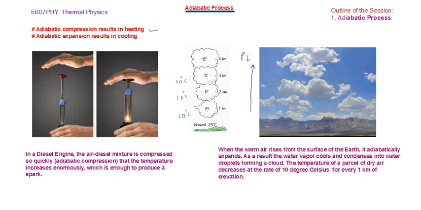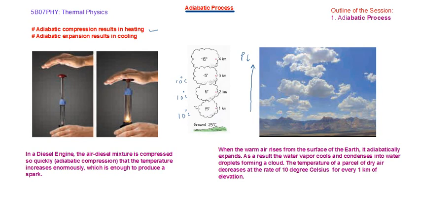Either you insulate the system perfectly from its surroundings, or you make the process happen in such a fast manner that the time for heat to escape to the surroundings is very, very less. And the examples you have seen: bursting of a tire, which is a sudden process; formation of clouds; the working of a diesel engine by adiabatic compression. All these are examples of adiabatic processes.